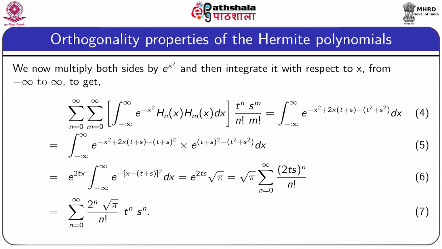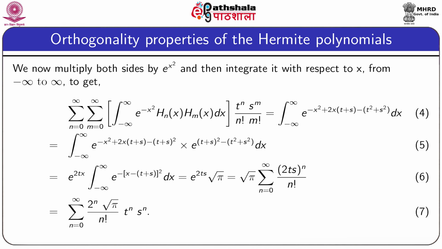Let us recall 7. So, what we get here is t to the power n s to the power n, and on the left hand side we have e to the power minus x square H_n(x) H_m(x) into t to the power n s to the power m. Now, when n is not equal to m, on the right hand side we do not have any term of m.